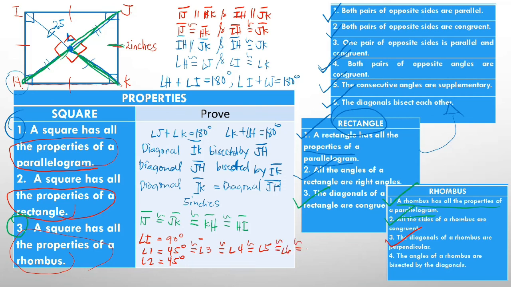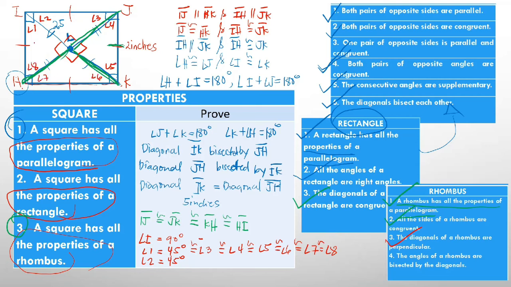So we have here angle 1, angle 2, angle 3, angle 4, angle 5, angle 6, angle 7, and angle 8. So they are all equal since it was bisected by our diagonal.